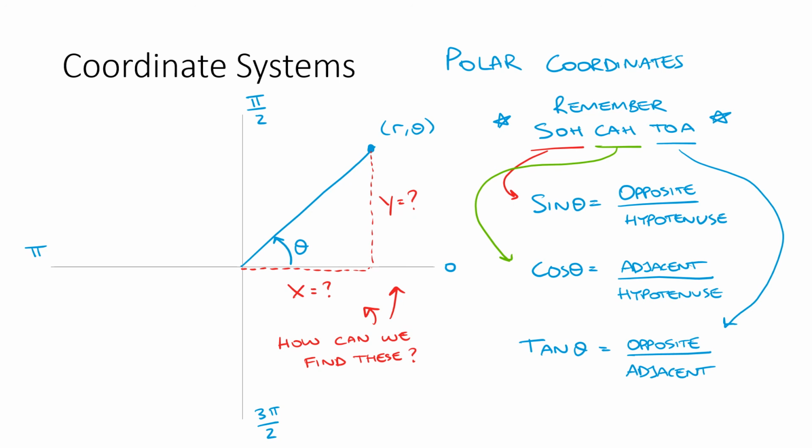We're measuring like an angle sweep. So this is 0 degrees, or if we wanted to use radians, it's just 0. Probably seen this before. Up here is pi over 2. Up here's pi. Down here is 3 pi over 2.